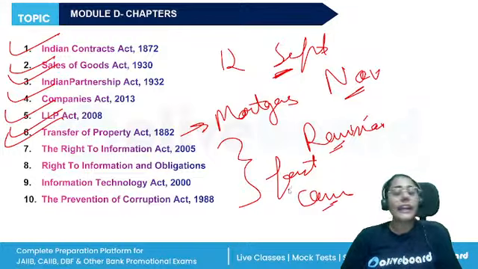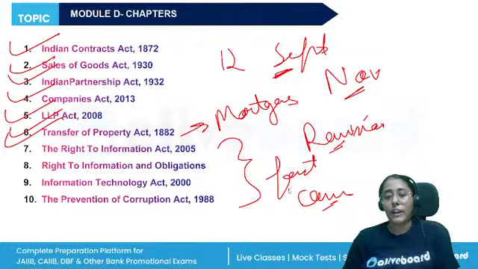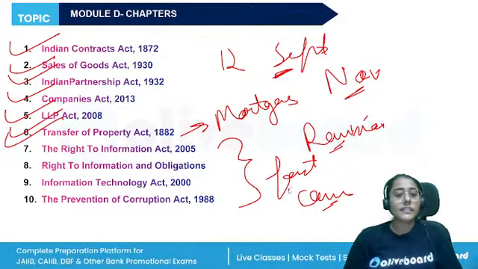And now, like I told you in the beginning, we are going to start with the first unit of your module A, which is the regulation and compliance, legal framework of regulation of banks.